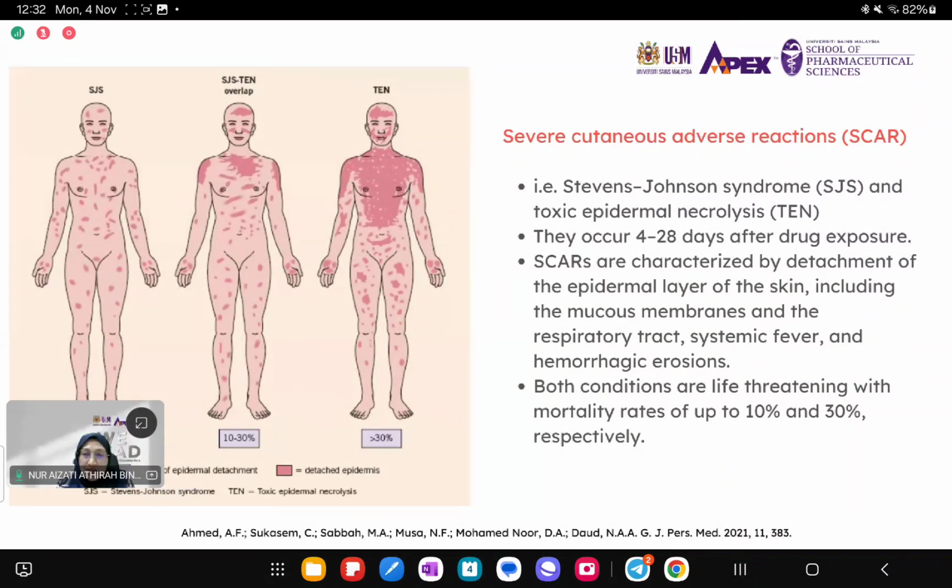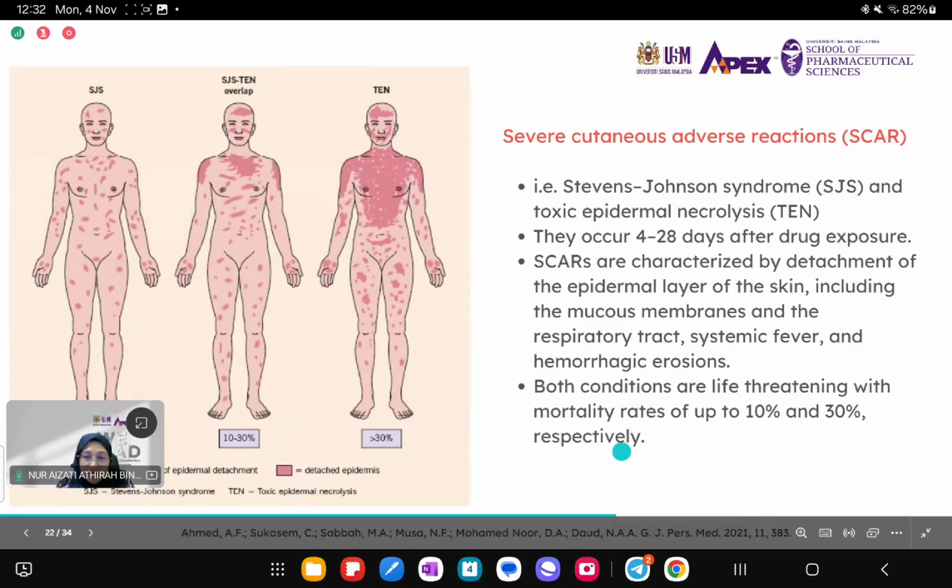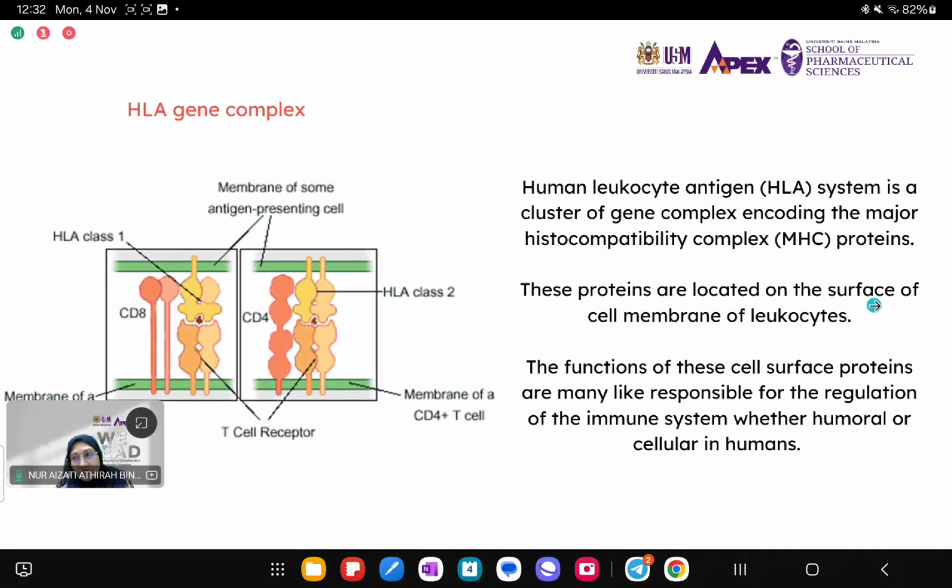And this patient might develop this between 4 to 28 days after the drug exposure. So it's a bit delayed. Bukannya hari ni dia makan, esok tu terus dapat reaction, tak. So usually it's around 2 weeks until 1 month, the patient will develop this rash. And both conditions are life-threatening and mortality rates are up to 10 to 30% respectively. Okay, so you see dalam 10 orang patient, mungkin 3 orang boleh meninggal, seorang boleh meninggal, okay.